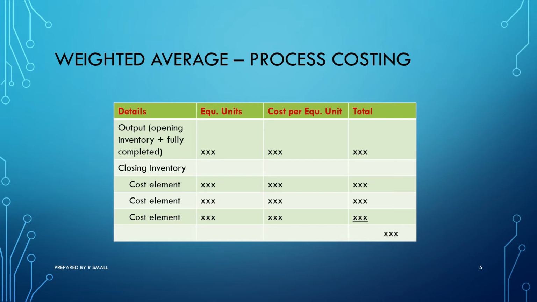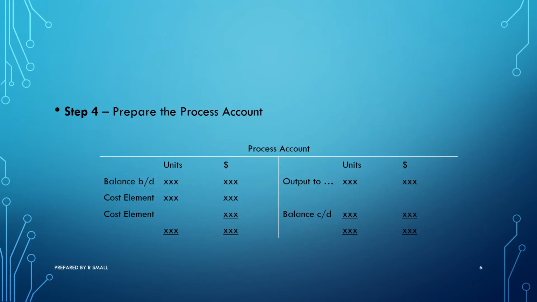But then in our step 4, we will have to prepare the process costing account. So again, just like FIFO, you will prepare your process costing account from all the information you would have gathered prior to this stage. So step 4 then is to prepare the process costing account.